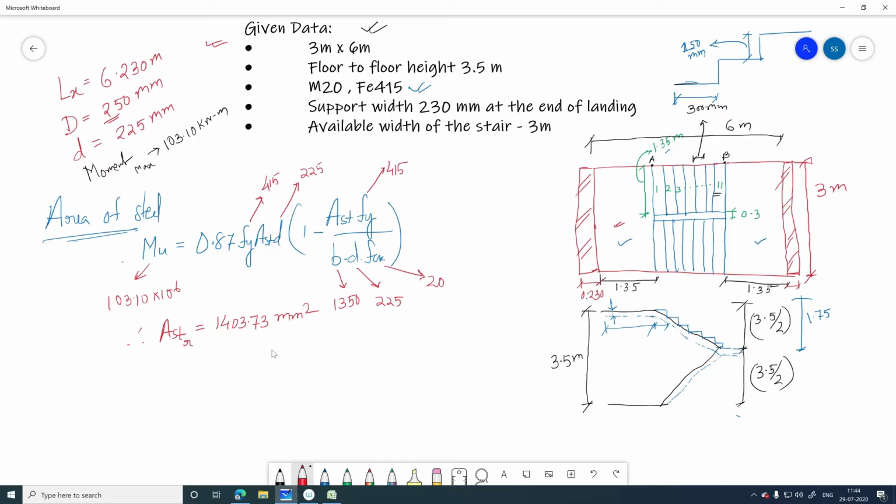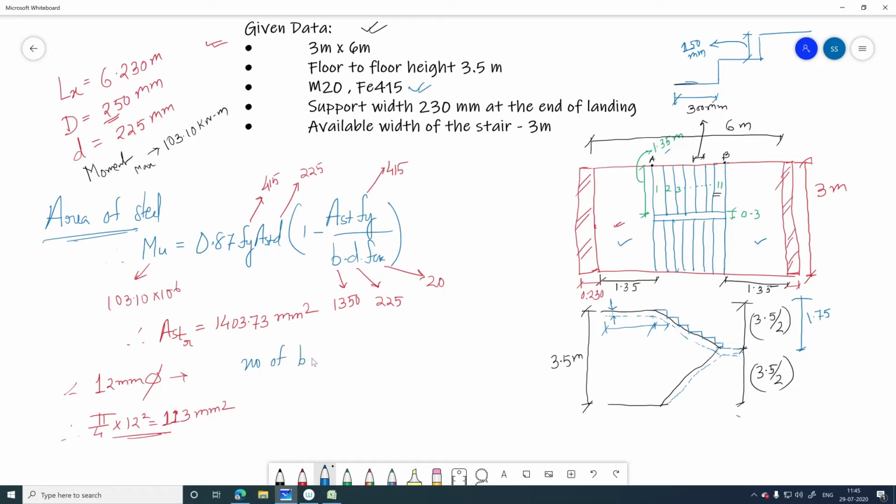Now we will provide 12 mm dia bars. Okay, so for a single bar, what is the cross sectional area of 12 mm dia? That is pi by 4 into 12 square, and it is 113 mm square. So how many numbers of bars are required here?